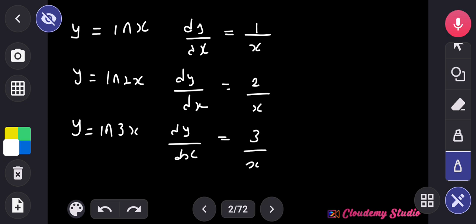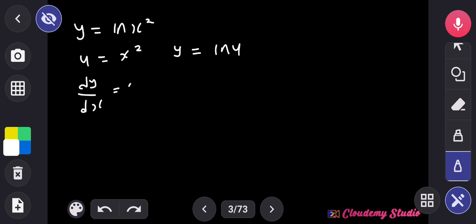You understand? So, if you have something like y equals ln x squared, in this case, how are we going to be solving this? We're just going to use the concept of chain rule like we have used before. We're going to say that let our u equal x squared and our y is going to be equal to ln u. Therefore, our du upon dx will be equal to 2x, and our dy over du will be equal to 1 over u.